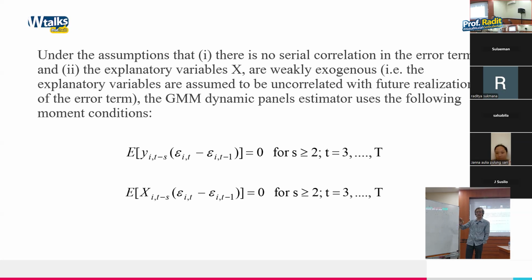Just put the most simple specification. And then you test the null hypothesis, whether beta equal to 1, against the alternative hypothesis, beta less than 1. So that's the way that you test.